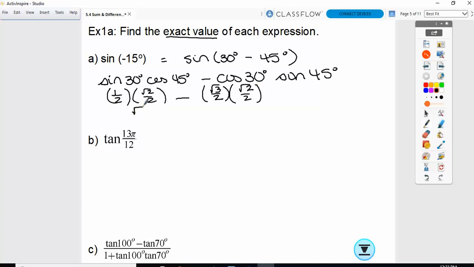So if we multiply, we get radical 2/4 minus radical 6/4. And we talked yesterday, you can leave it like that, or you can write it as the square root of 2 minus the square root of 6 all over 4. Is that okay with everyone?